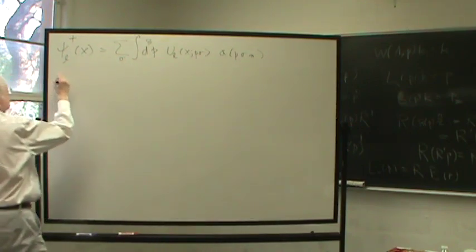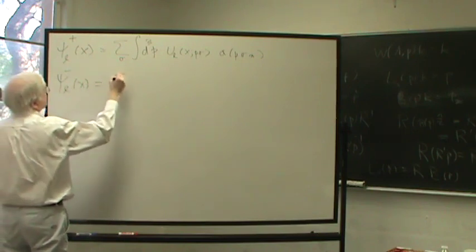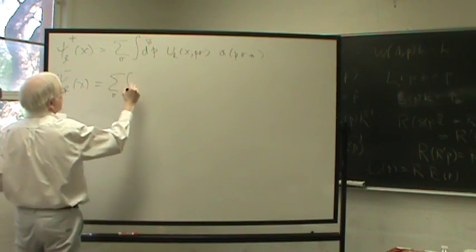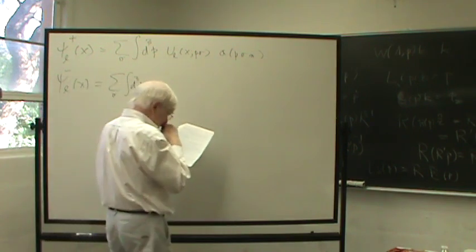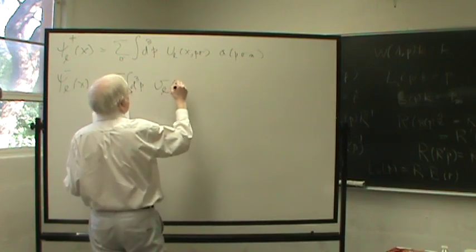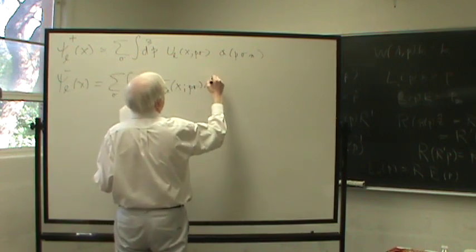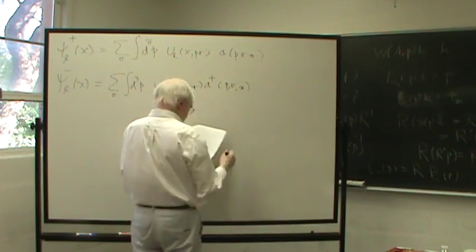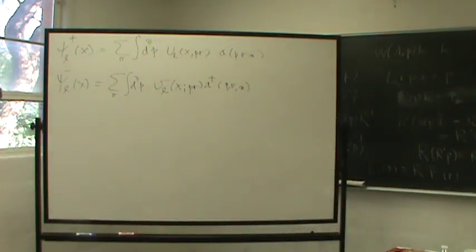And then the negative frequency part is the same thing, more or less, but now we're going to be doing it for the antiparticles, so it's v_L of x, p sigma, a dagger, p sigma, n, and now that I mentioned antiparticles, that should be an n bar.